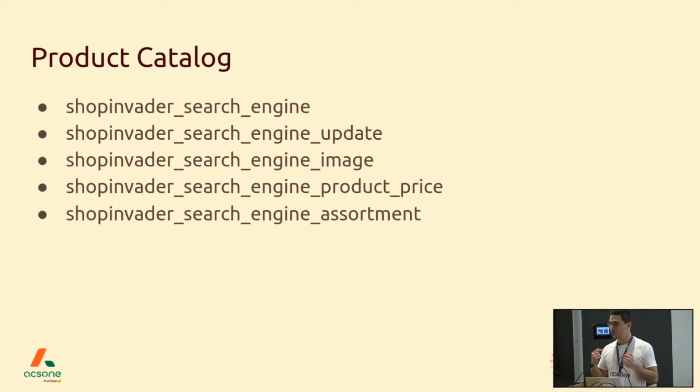You can also work with sales channels. This is another way, and then you put products in sales channels and link the sales channels to the search engine index. Or you can also imagine your own mechanism, but those 2 mechanisms are already available for Shopinvader.